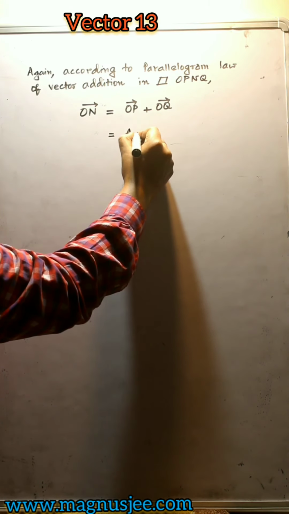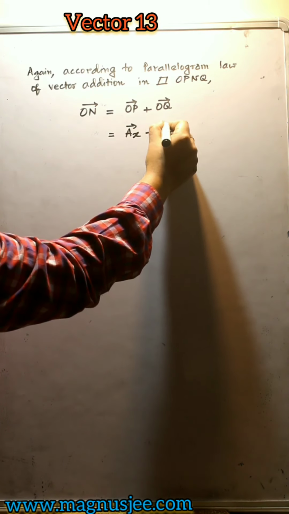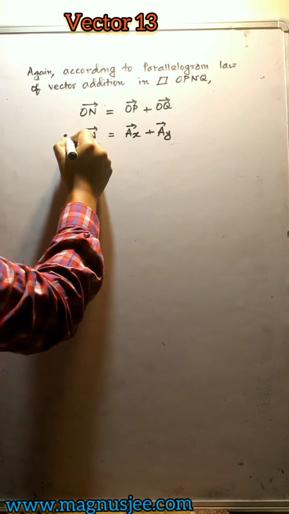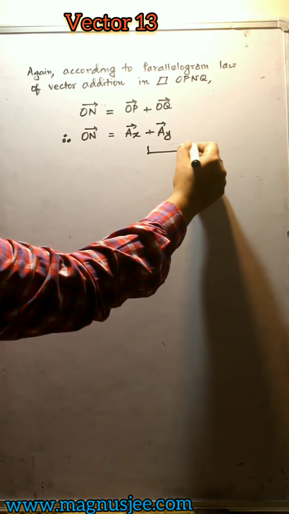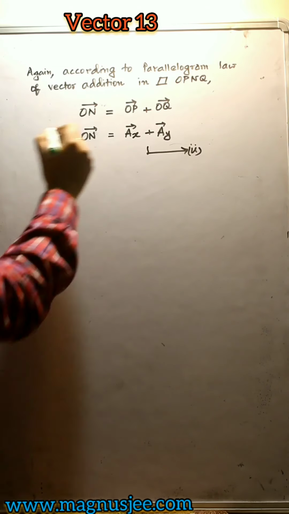In place of vector OP we can write vector AX, and in place of vector OQ we can write vector AY. Therefore, vector ON is equal to vector AX plus vector AY.